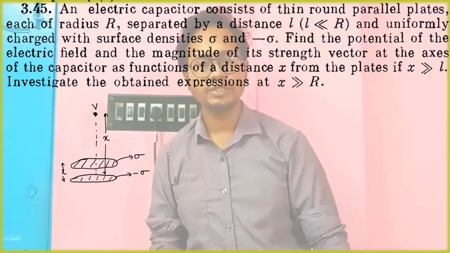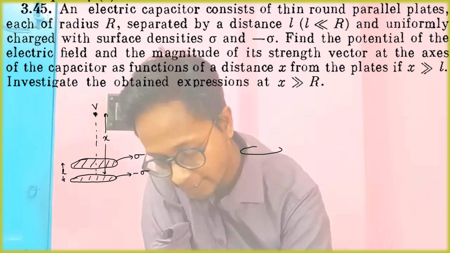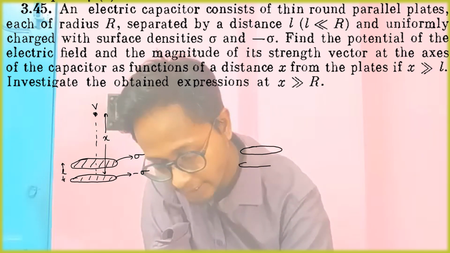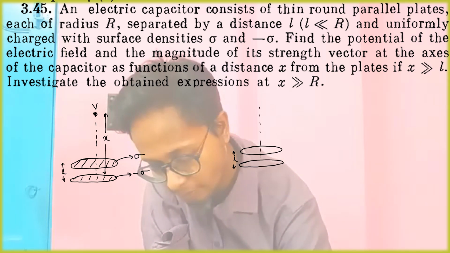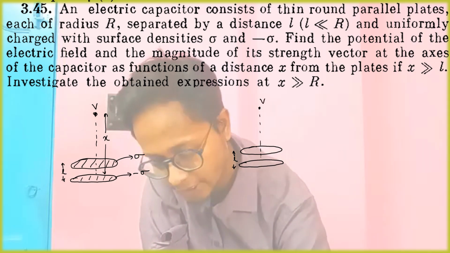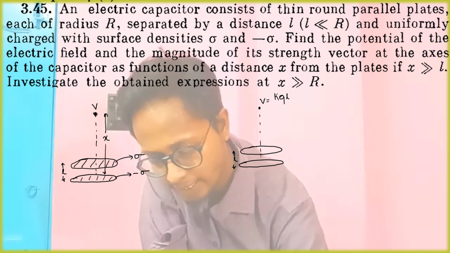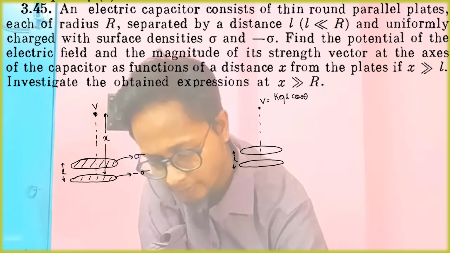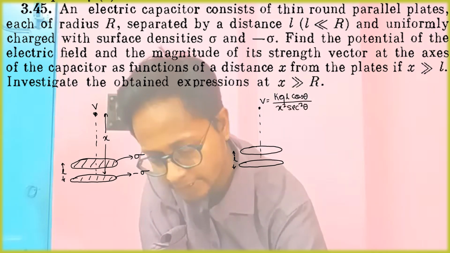In the previous question, I already did the potential and electric field due to a pair of rings separated by distance L. At distance x from the midpoint, the potential was K Q L cos theta by x square sec square theta, isn't it?